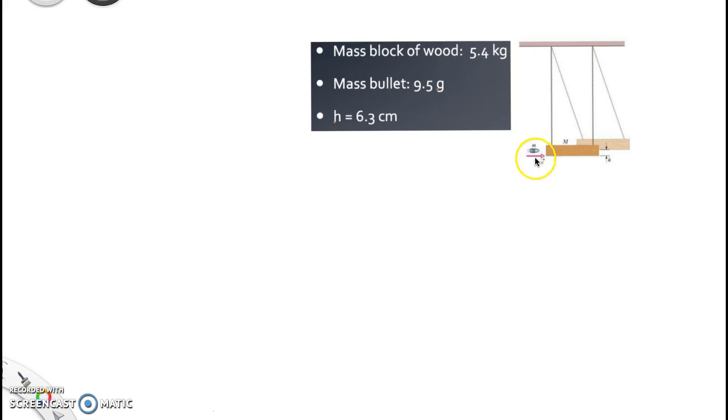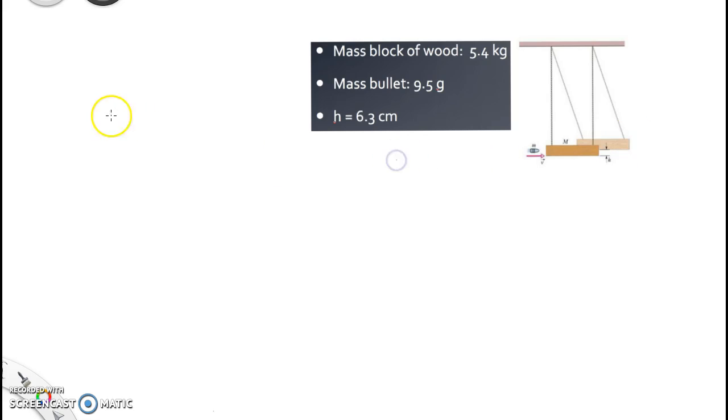Because what's happening there is you have the momentum of this bullet and block system. You get an inelastic collision when they stick together, and the velocity of them combined is going to give them kinetic energy, and that kinetic energy is converted to potential energy as they lift up.